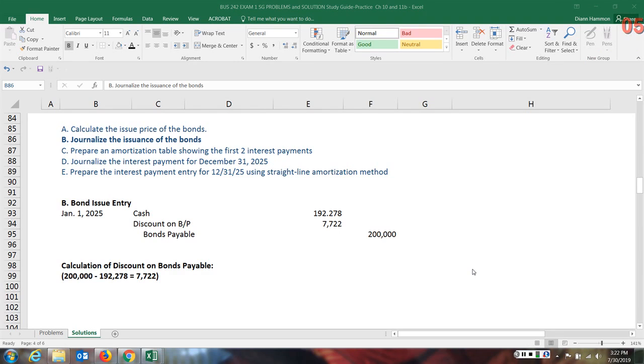Now let's look at the B portion. The B portion asks us to journalize the issuance of the bond. Remember, our calculation showed that the bond should be issued or sold for $192,278. So the amount of cash received is that $192,278. The bond payable will always be recorded at the full $200,000, the face amount of the bond, and then we need to plug what the difference is.